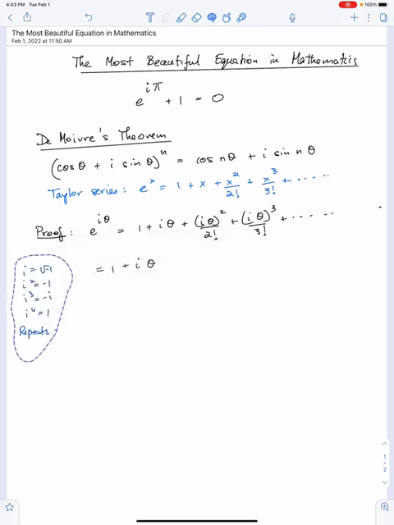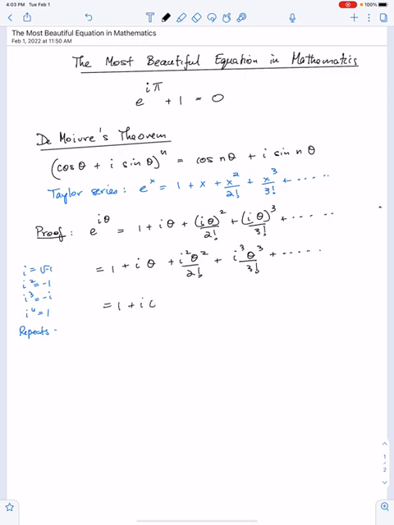So that's 1 plus i theta plus i squared theta squared over 2 factorial plus i cubed theta cubed over 3 factorial, and so on. So you have 1 plus i theta, then i squared is equal to minus 1, right?